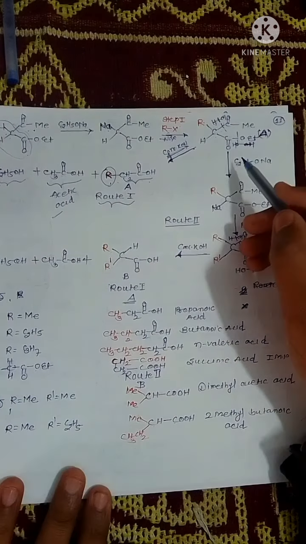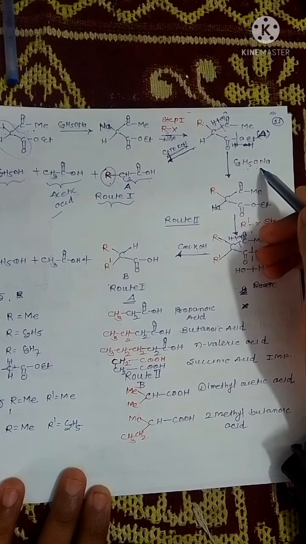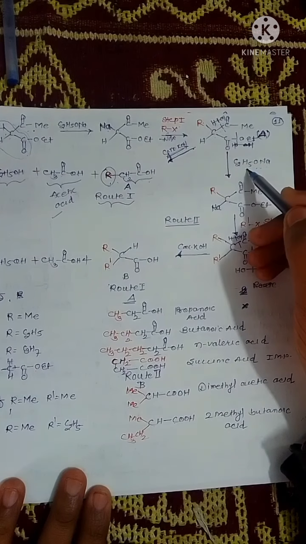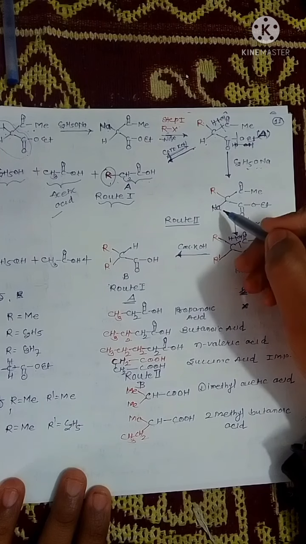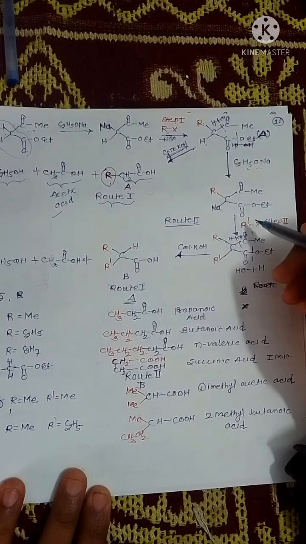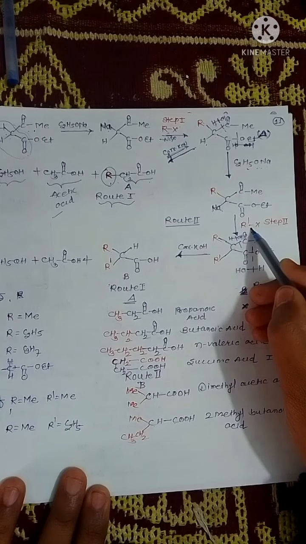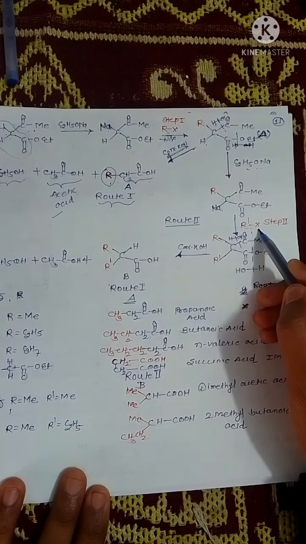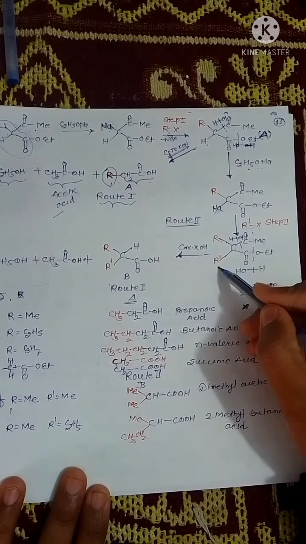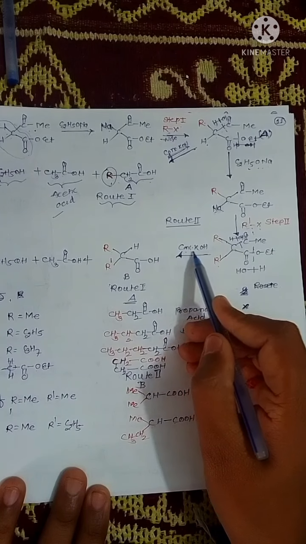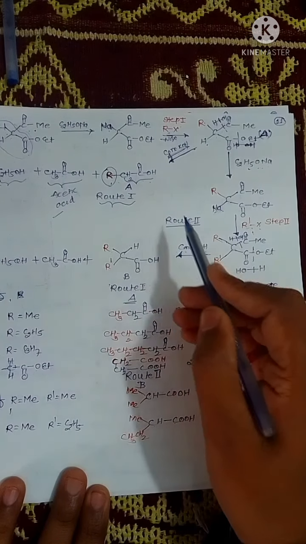Now if we add C2H5ONa, that is sodium ethoxide, another hydrogen can be replaced by Na, and if we again add alkyl halide, this Na is also replaced by R dash. Again if we add concentrated KOH, the same thing is going to happen.